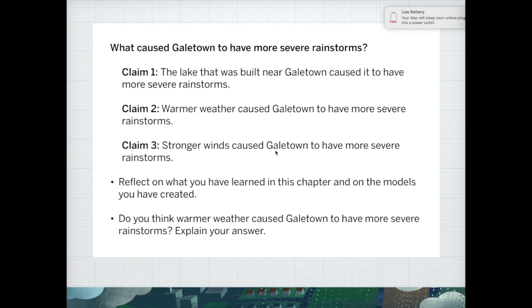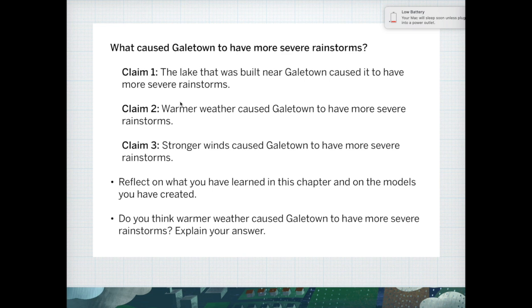So for the assignment today, you're going to write your CER, and you're going to try to figure out what caused Galetown to have more severe storms. Last chapter, you wrote about Claim 1, and this chapter, we have a lot of evidence for Claim 2. Remember, you can use your sims or your readings to come up with a description of what's going on.